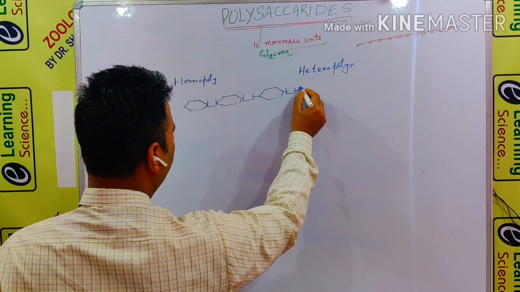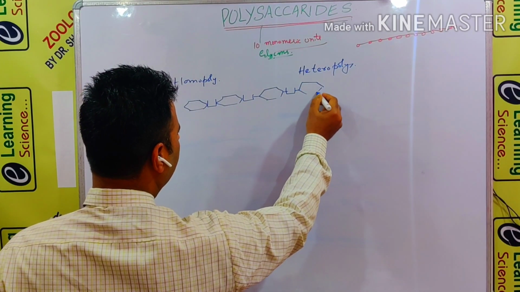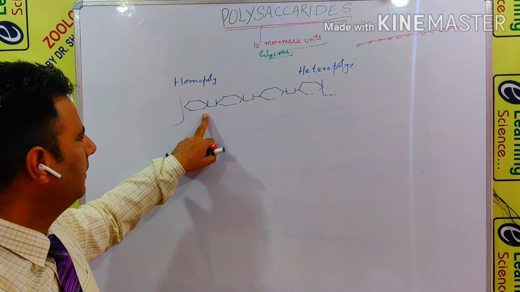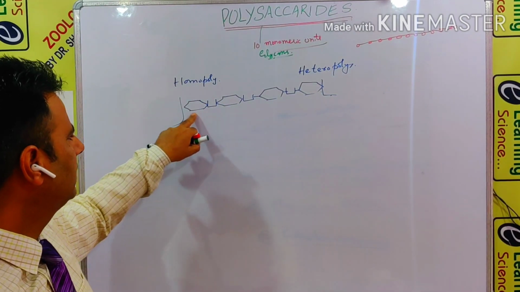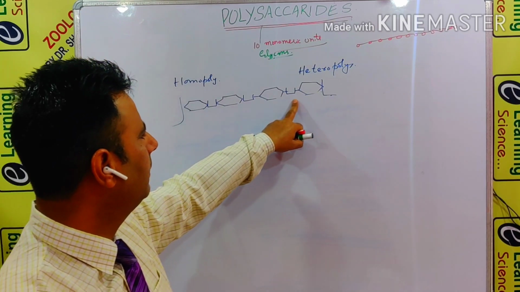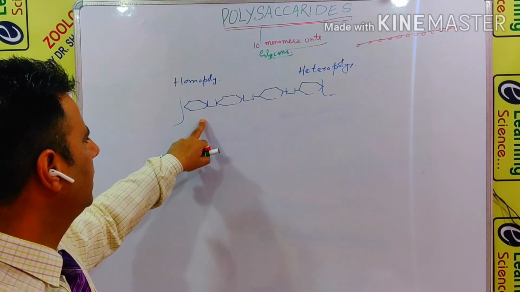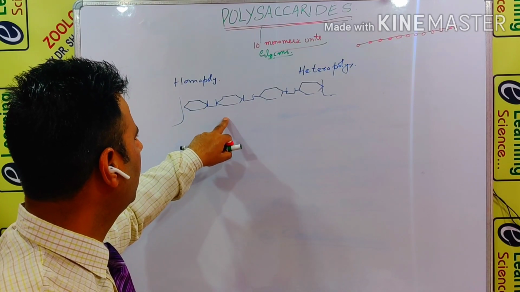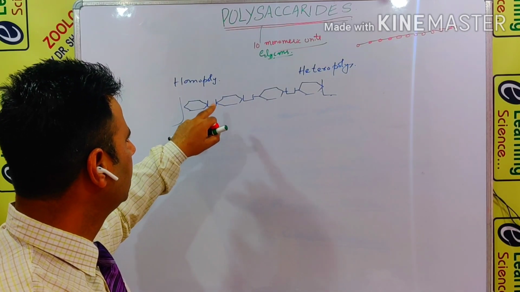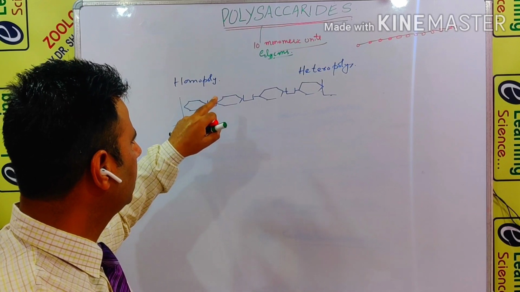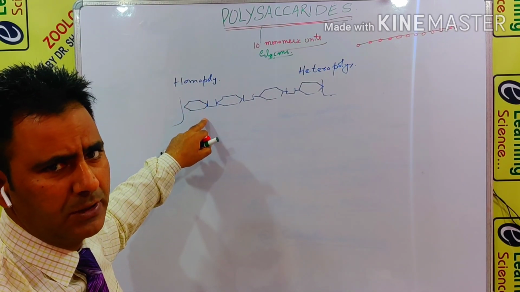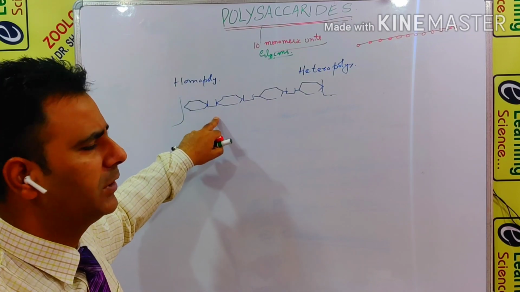How many types of monomeric unit do we have here? Just one. Suppose we started with glucose, and this glucose is repeating continuously. All the units are glucose, and the polysaccharide so formed is made by the combination of a single type of monomeric unit, maybe glucose, maybe something else. Therefore, it is a homopolysaccharide.